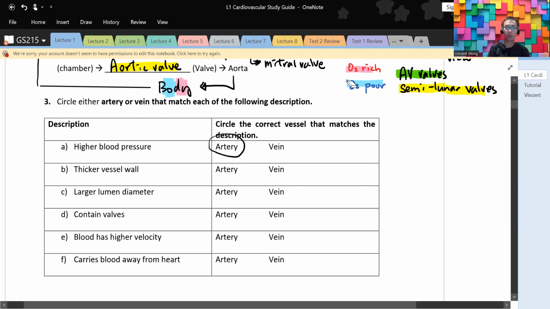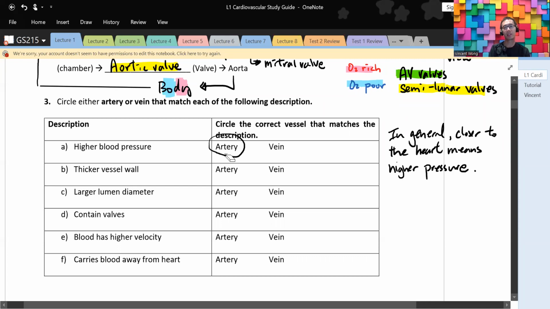So in general, closer to the heart means higher pressure. Okay, so arteries would generally have higher pressure than veins.